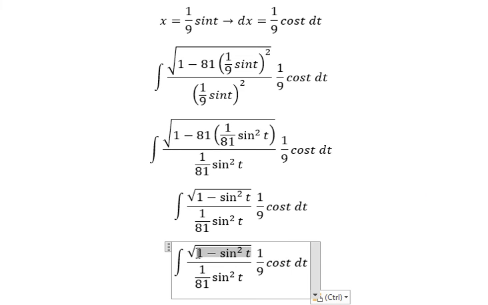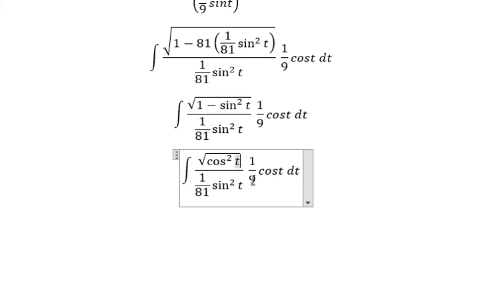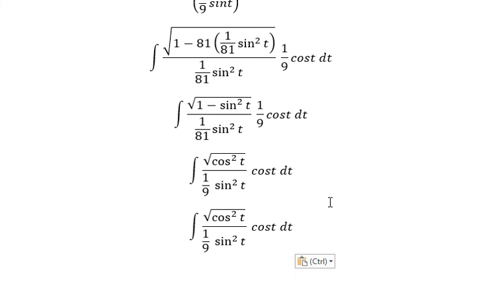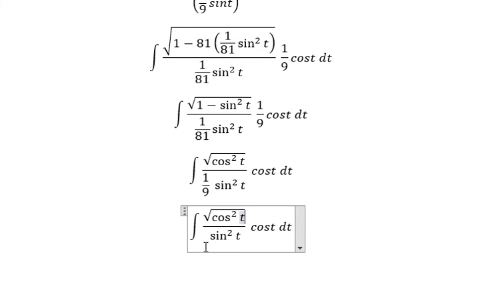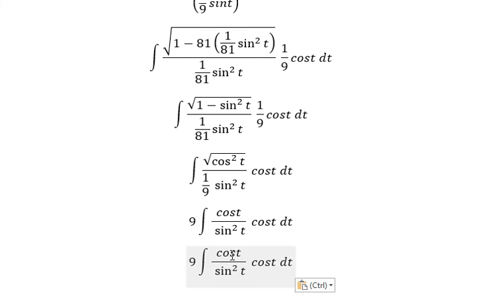This one we get cosine t squared. Number 9 and 81 we need to simplify. And number 9 we put in here. The square root of cosine t squared, you get cosine t. Cosine t with cosine t, you get cosine t squared.